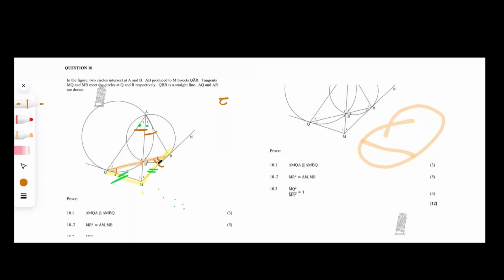Because a cyclic quad is a four-sided shape in which all four vertices touch the circumference of the circle. We know Q and A touch the circumference of the circle. We know that R touches the circumference of the circle. However, M does not. M does not touch the circumference of the circle, and that completely disqualifies it from being a cyclic quad.